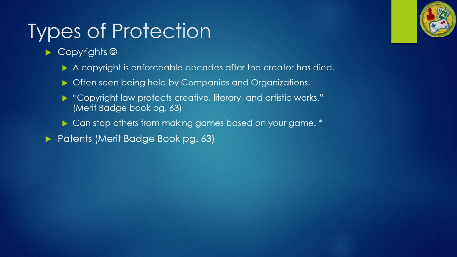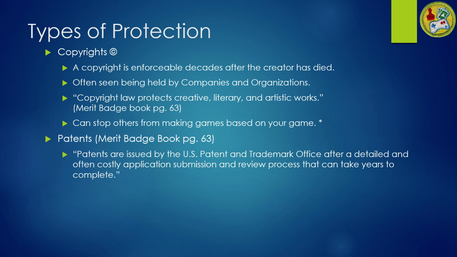Next, we have patents. This content is taken from the Merit Badge book on page 63. Patents are issued by the U.S. Patent and Trademark Office after a detailed and often costly application submission and review process that can take years to complete.